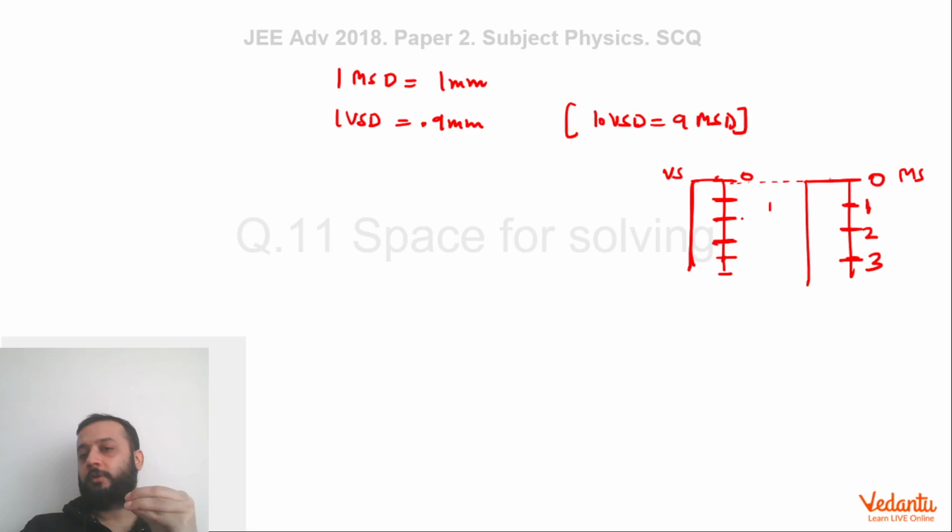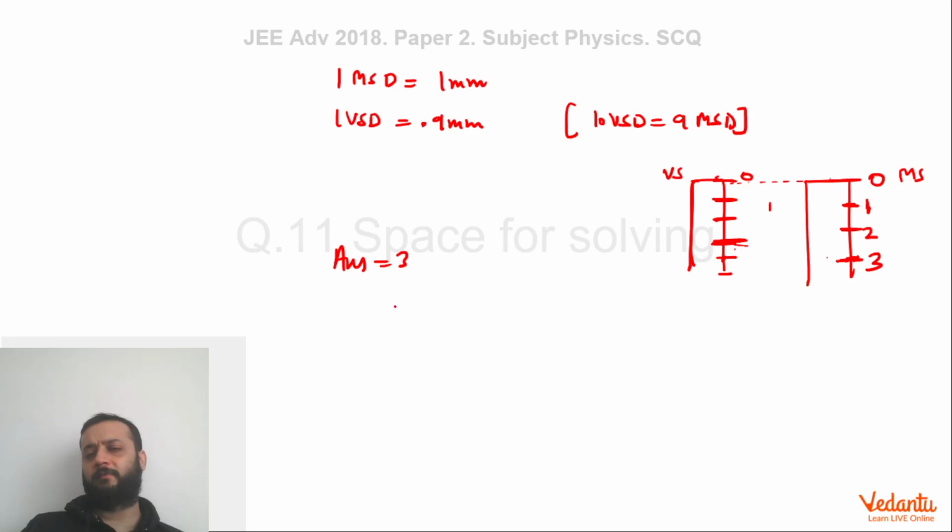So basically what is going to happen when this vernier scale goes down by 0.3 mm, these two readings will coincide. Right now this one is above and this one is below by 0.3 mm. So when the vernier scale goes down by 0.3 mm, these two readings will start coinciding, and hence we can say the answer will be 3, right?